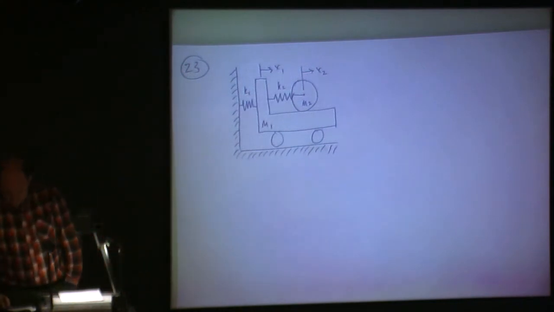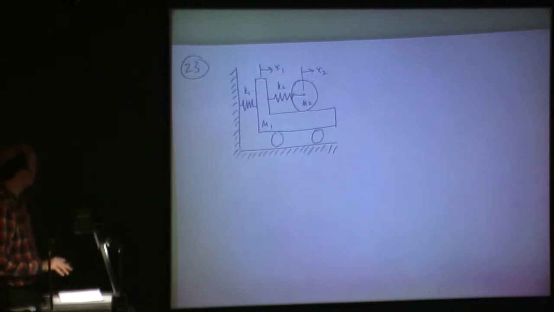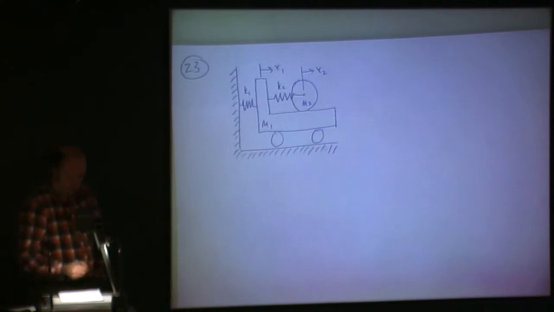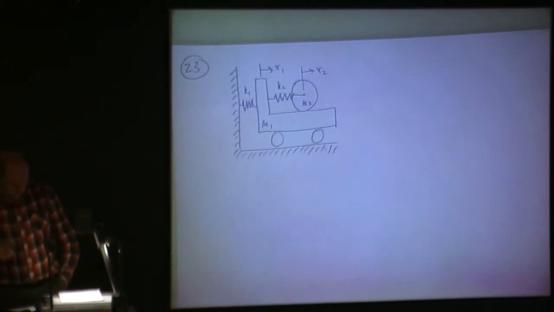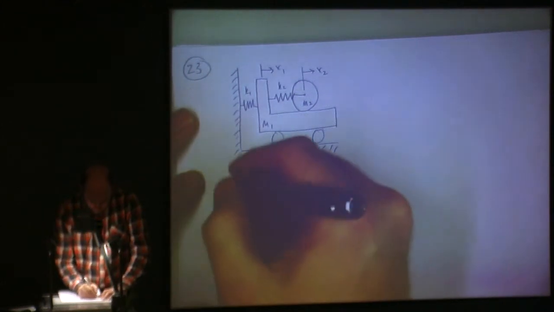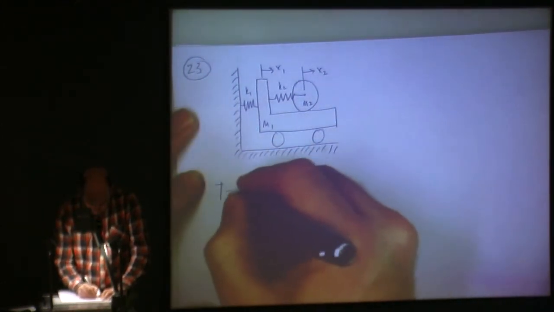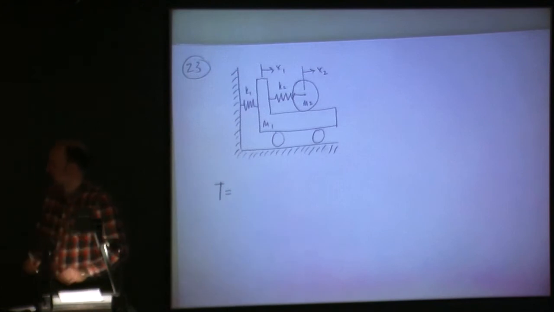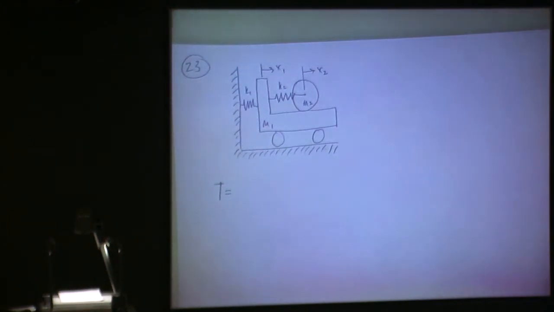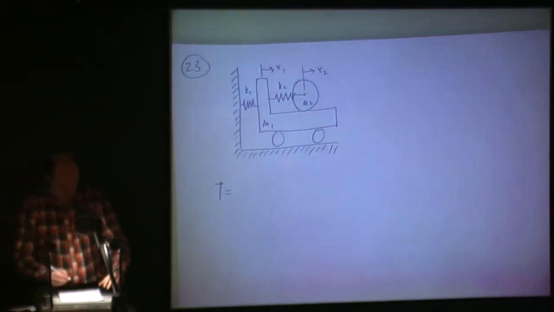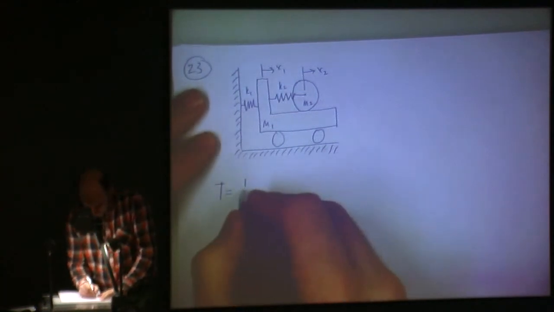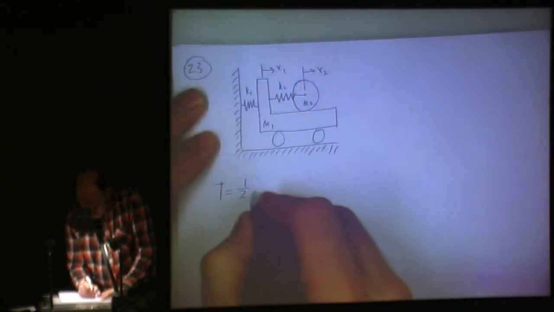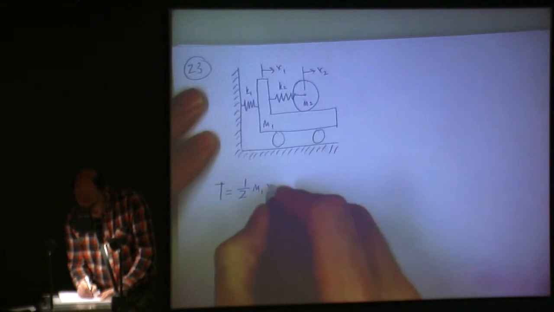So, the way we're going to do this is using Lagrange's equation. And so, I have to find my kinetic energy and my potential energy. Well, T, kinetic energy, we've got translational motion, 1/2 m1 x1 dot squared.